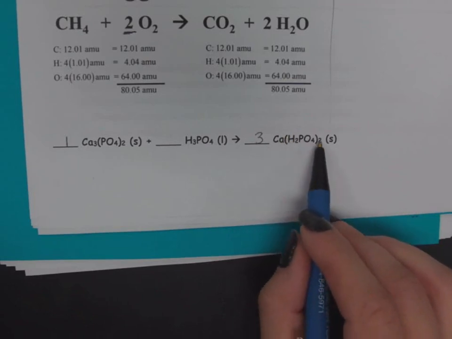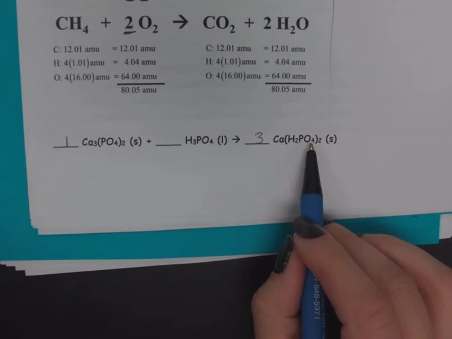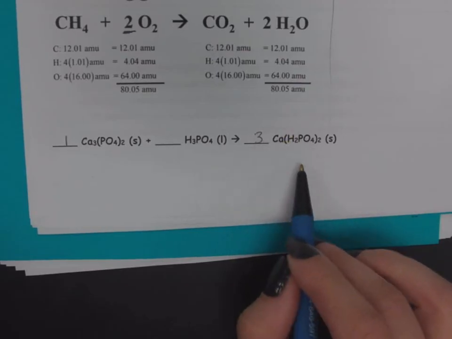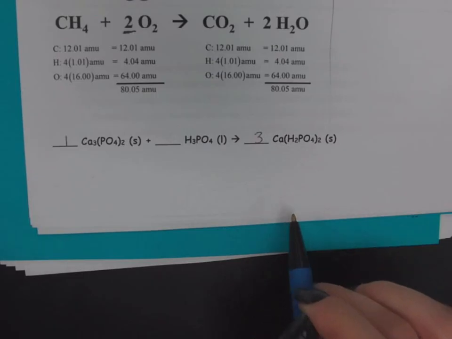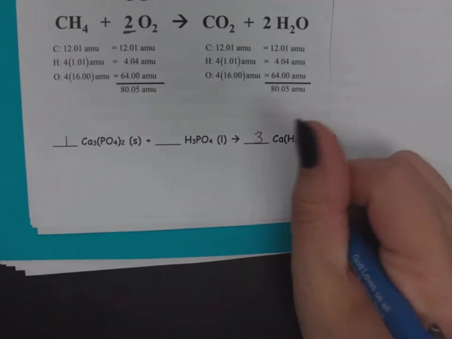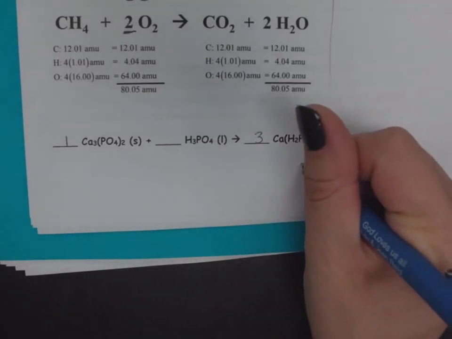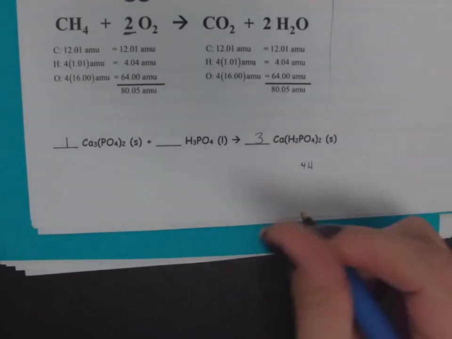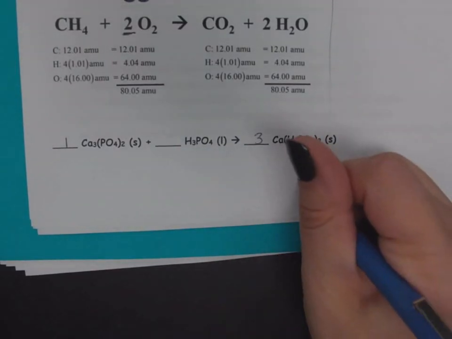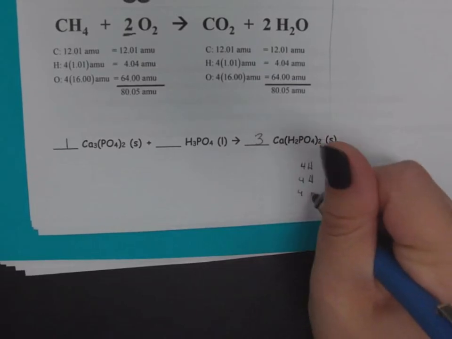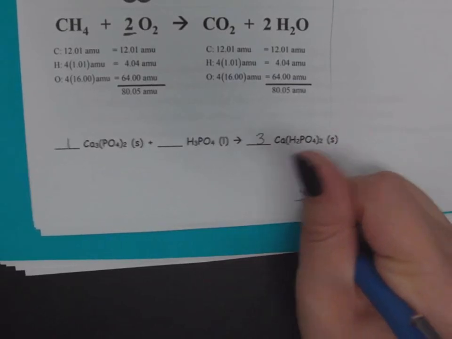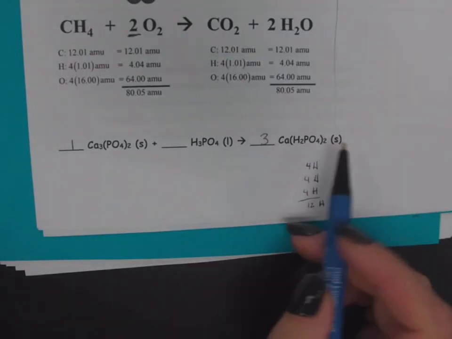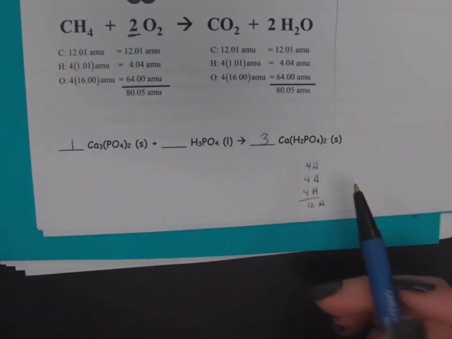So one of these has 4 hydrogens in it, but then there's 3 of those items that each have 4 hydrogens. So that means we are dealing with 12 hydrogens. Okay, so that's how many hydrogens we have on the product side.